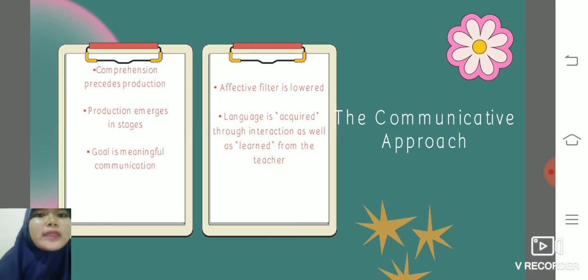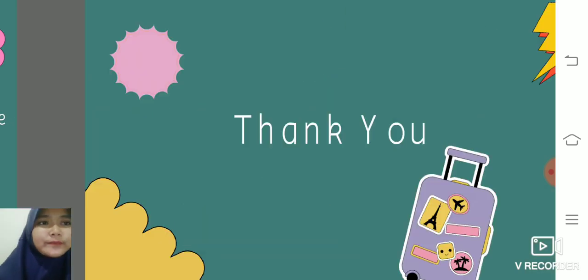Textbooks. Next, the communicative approach. First, comprehension precedes production. Production emerges in stages. Goal is meaningful communication. Affective filter is lowered. Language is acquired through interaction as well as learned from the teacher.